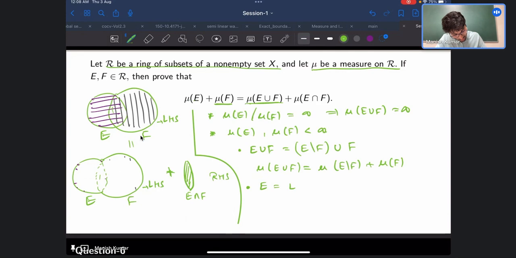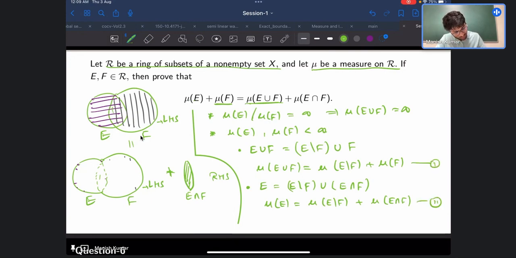So I can write E as E minus F union with E intersection F. This part is this part plus this part. So again by additivity I can write mu of E as mu of E minus F plus mu of E intersection F.